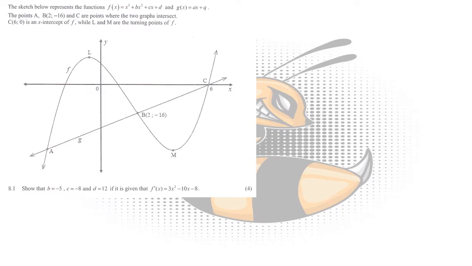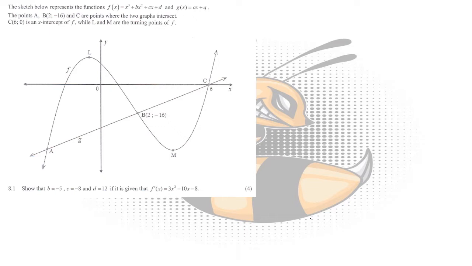Now, the first question they ask you then is to show that b is minus 5, c is equal to minus 8, and d is equal to 12, if it is given that the first derivative is equal to 3x squared minus 10x minus 8.